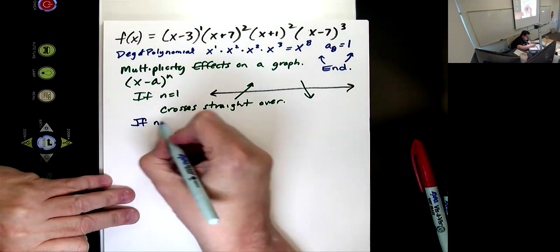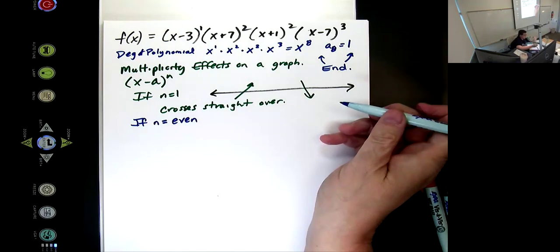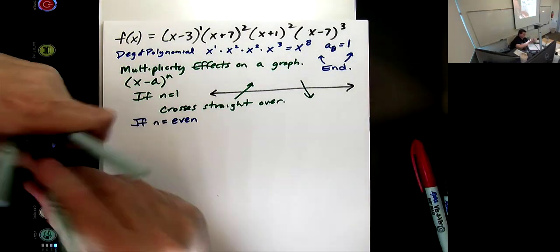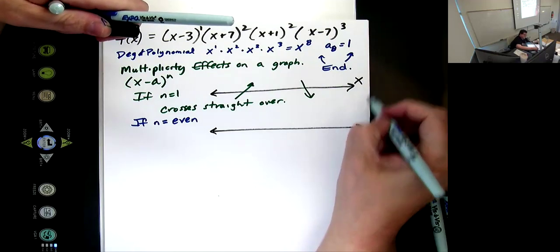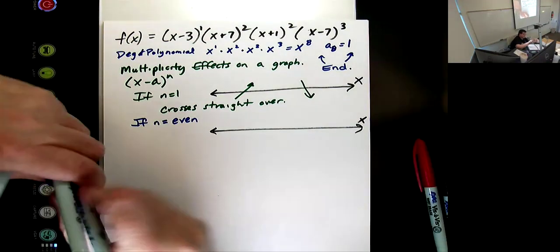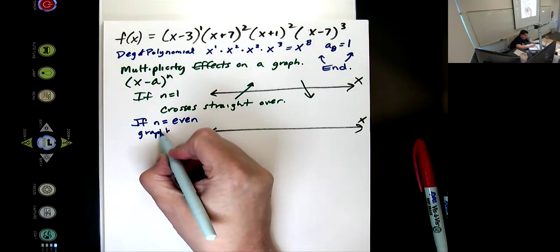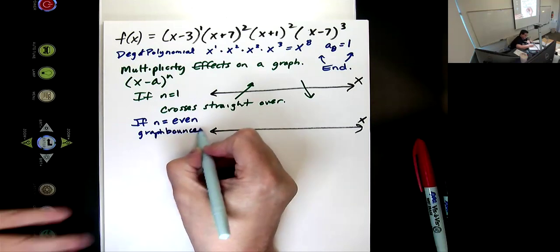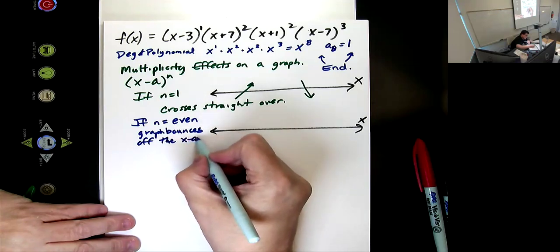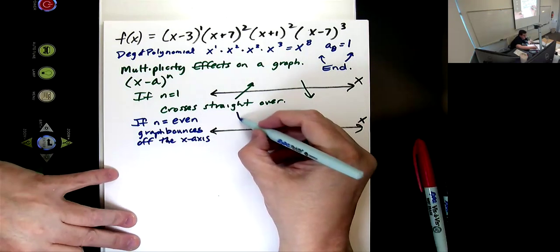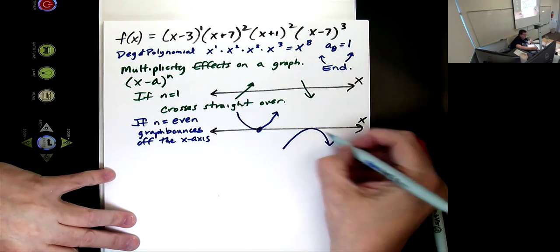If n equals even, this is my x-axis each time. If n equals even, the graph bounces off the x-axis.